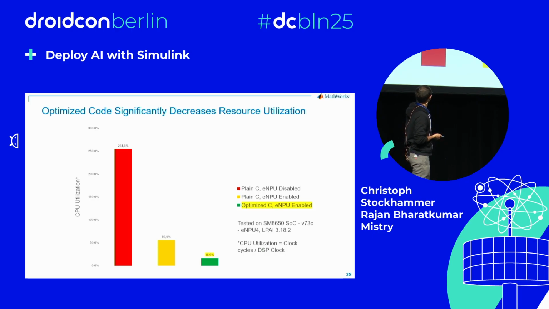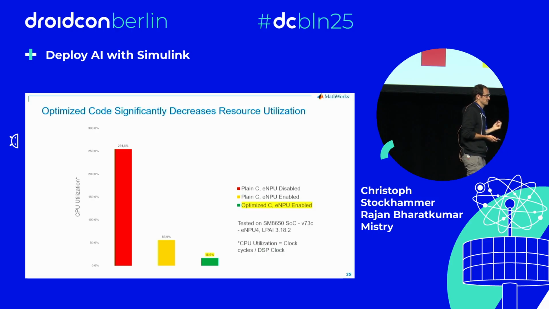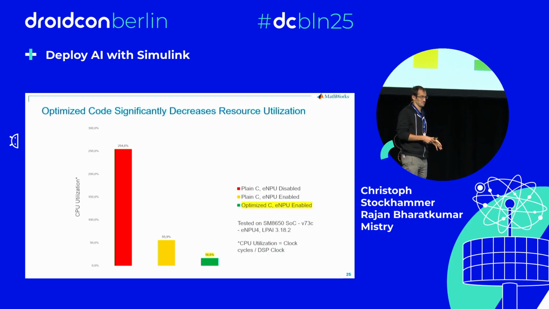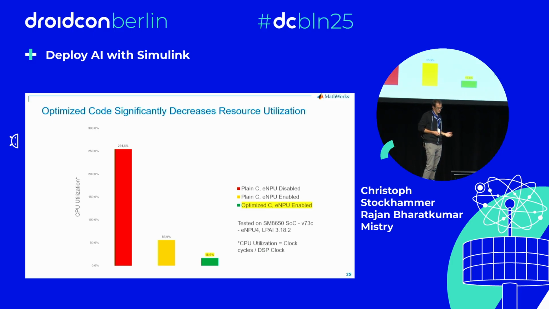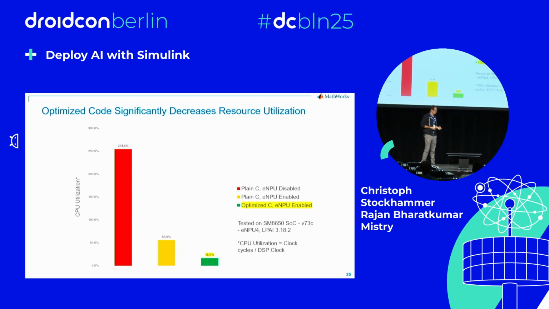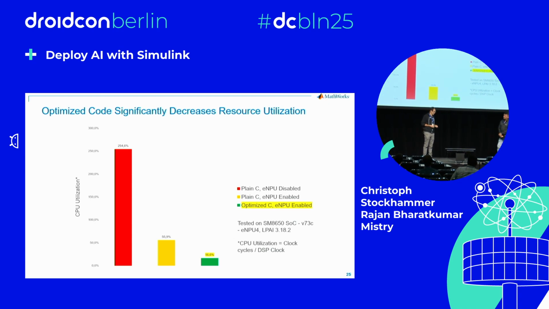So in the plain C code, we see that this CPU utilization is 250%, which means we cannot complete a step of the algorithm within the available ticks of one cycle. So basically, we cannot run this in real time. But once we turn on the eNPU, this drastically improves. It goes down to 55%.